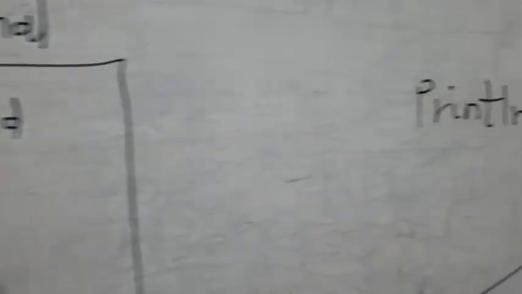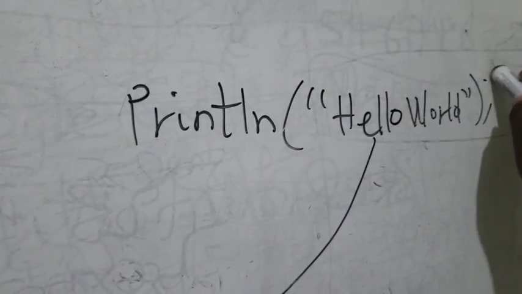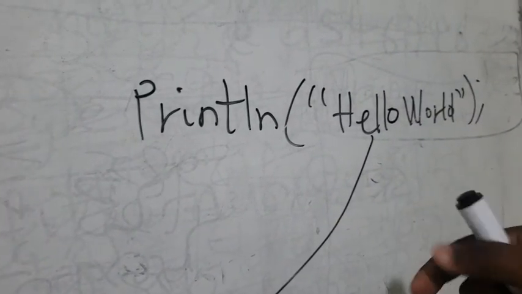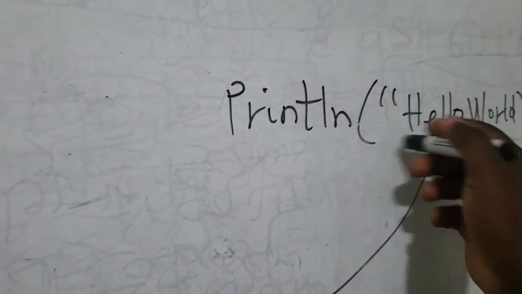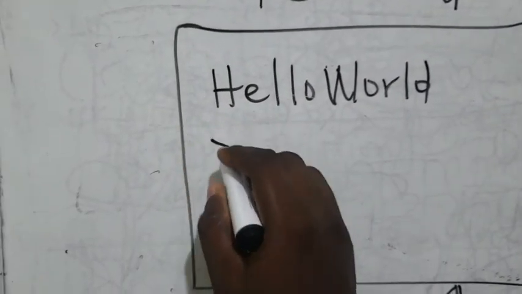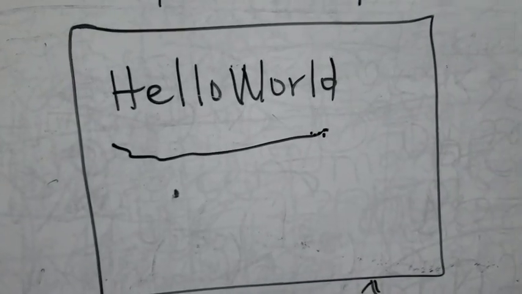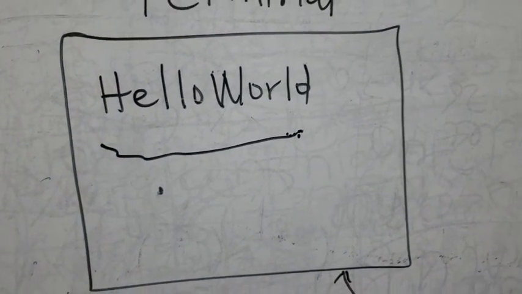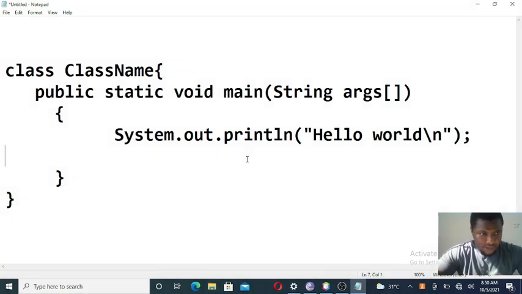And another thing it does is, because it has an end of line, anything that comes again with println will follow up right here in the terminal. I hope it is understood. So it simply transfers whatever is here to the terminal. So that is the function of println.